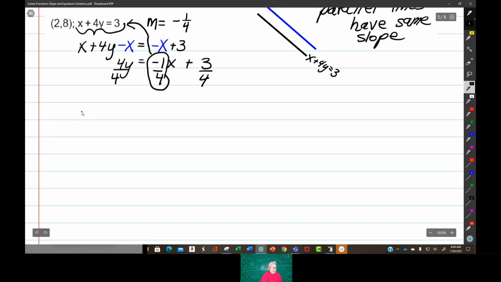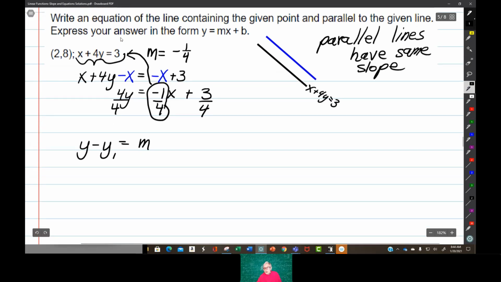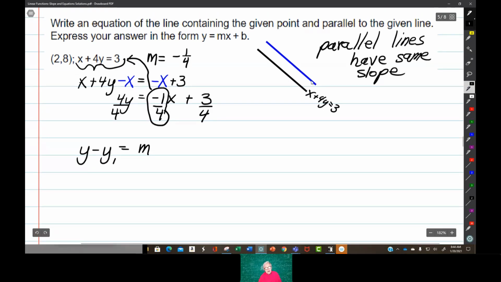Now, all I have to do is use the point slope formula to find the equation of the line that goes through this point that's parallel to this line. So it's the new blue line we're trying to find. And that's the one that goes through 2, 8.